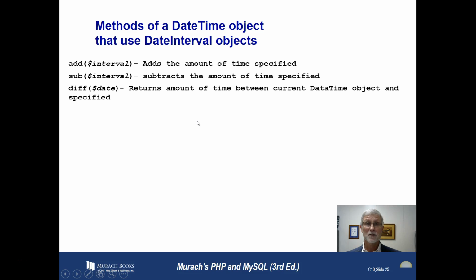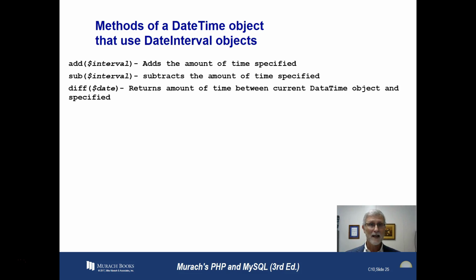Now, sometimes it's good to ask, what's the date 2 weeks from now? Well, guess what? I can add or subtract from a given specified time. So if an interval is specified, what's 2 weeks from now? Or add 2 weeks to today's specified time.